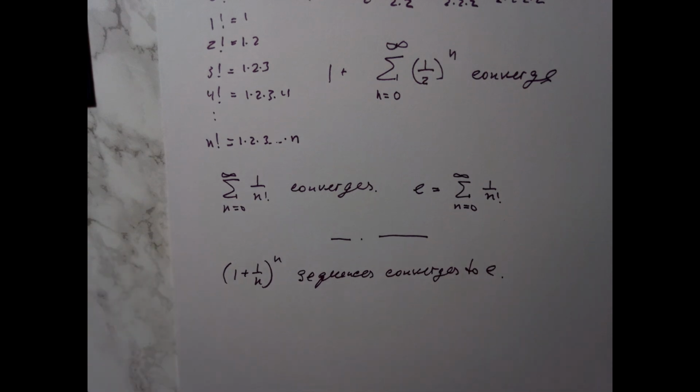But this time I'm not violating any rules, because this time I didn't define e as a limit of the sequence, I defined e as a sum of this particular series, and now all I have to do is to prove that this sequence and the partial sums of this series converge to the same number, and therefore it's the number e. So I will do it next week.